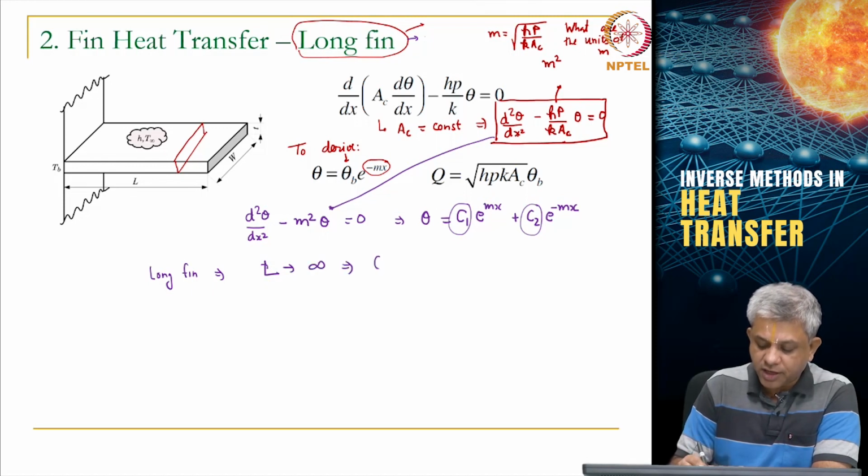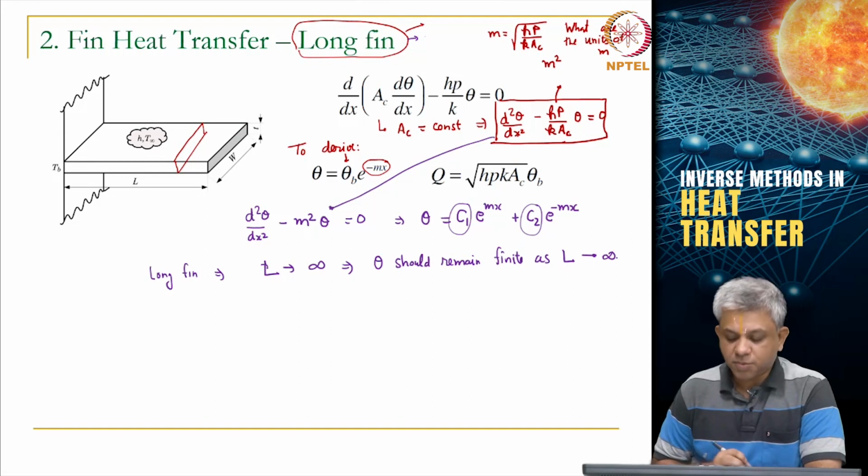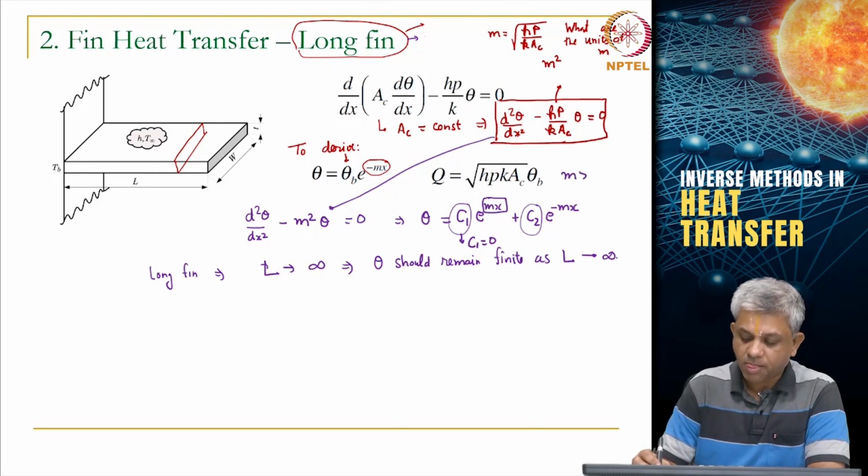This means theta should remain finite as L tends to infinity, which means C1 should be 0. Why? Because if m is positive, as L tends to infinity, this term will otherwise go to infinity.